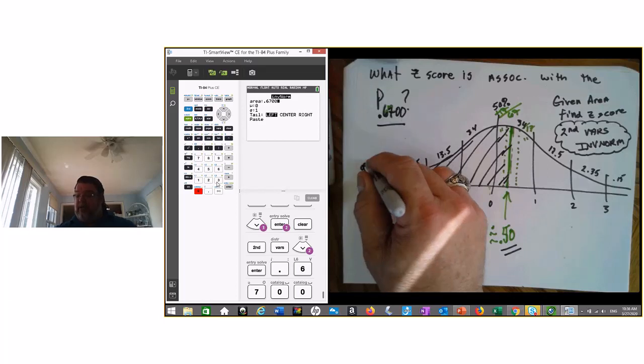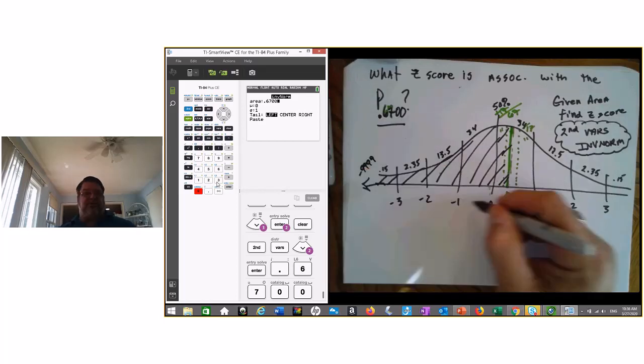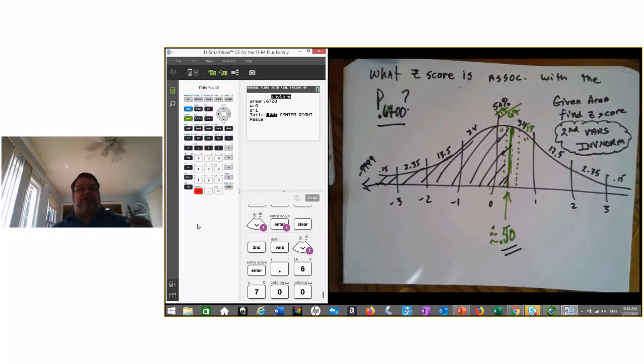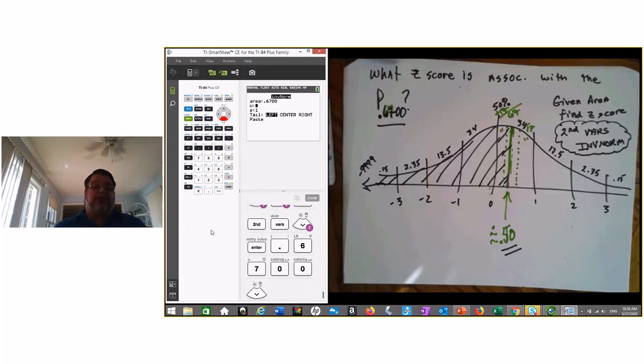We read from left to right, but we don't know what the z-score is. So with the left tail test, you're telling the calculator the percentage is to the left of that line. And that's usually a default, unless a different problem. And we'll get to that later, because I'm fixing to go into a different type of question in a second. And enter.